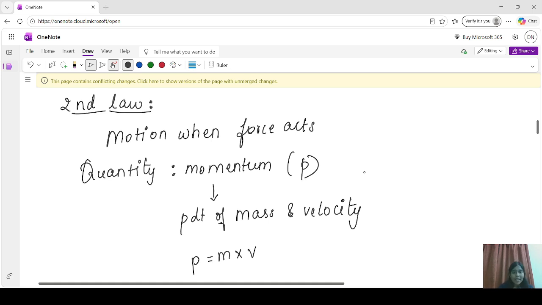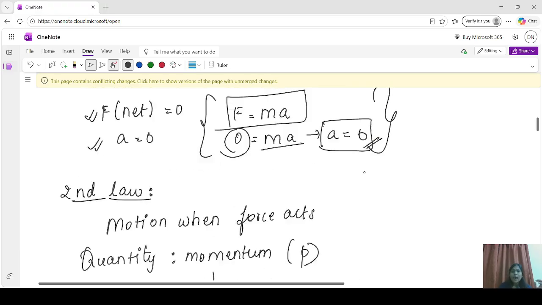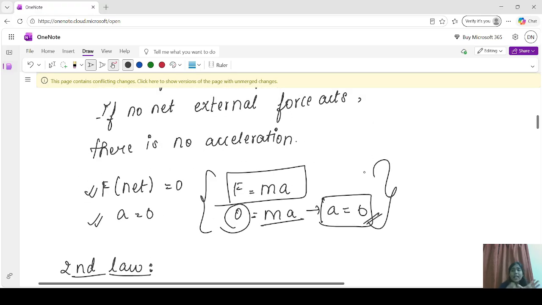And what is the second law? Before that, we have to understand an important idea. What is net force? An object may experience many forces, but motion depends only on the net force. For example, a book resting on a table. Like this is the book that rests on the table.